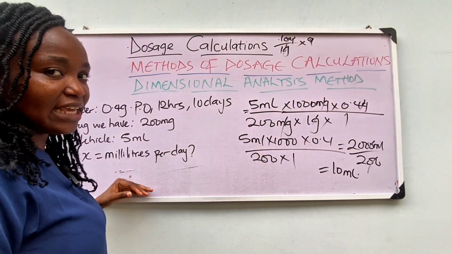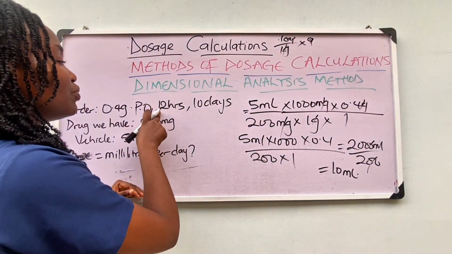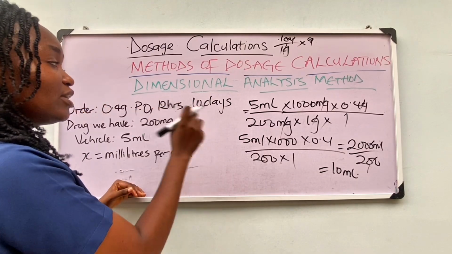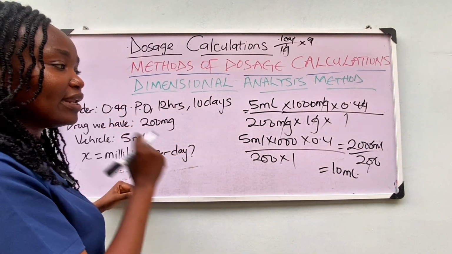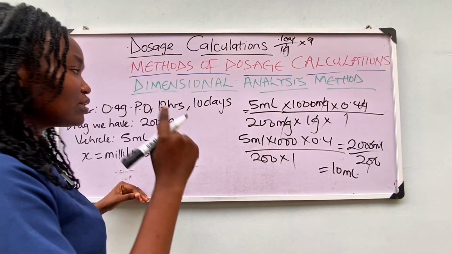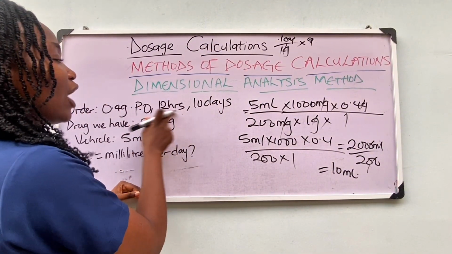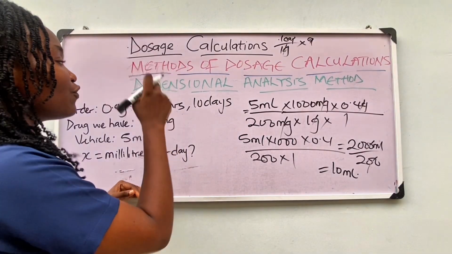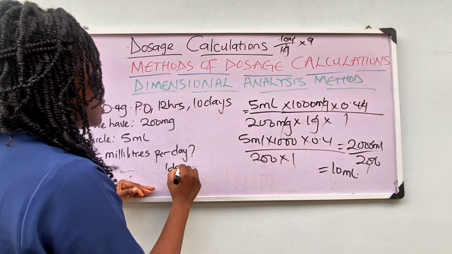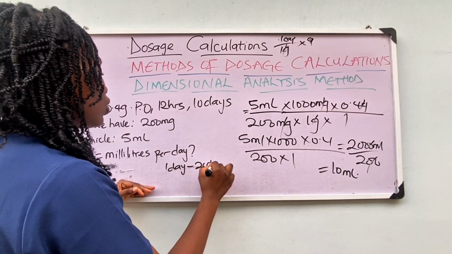But how about in a day? In a day, this patient will now be receiving what? According to the order, this drug was administered for 10 days. So if 10 mL is given per dose, we have to first find out how many will be given in a day before we find out how many will be given in 10 days. For a day, 1 day is equal to 24 hours.